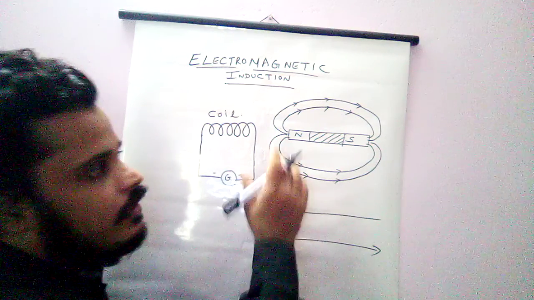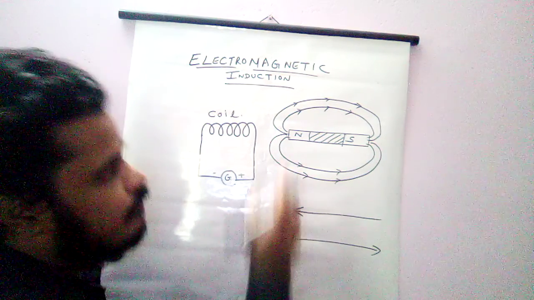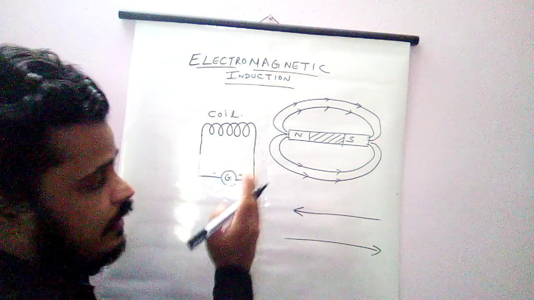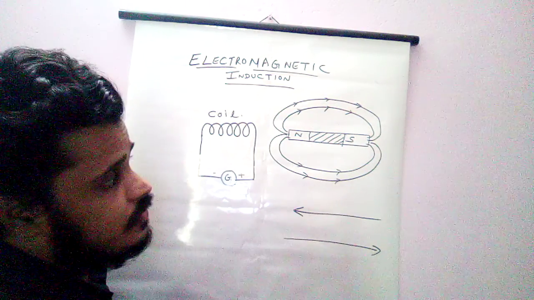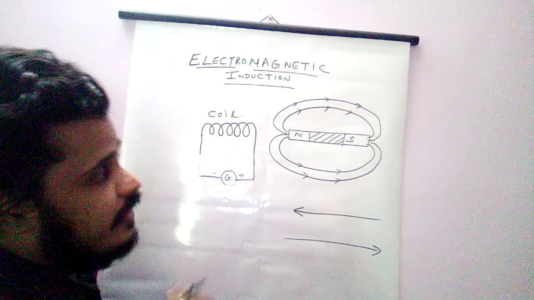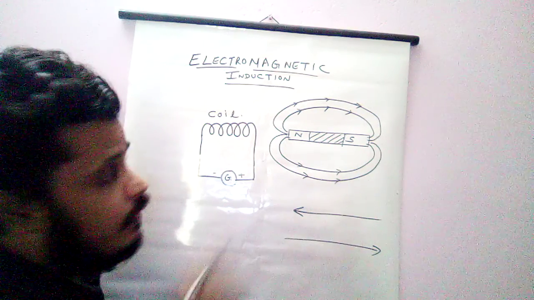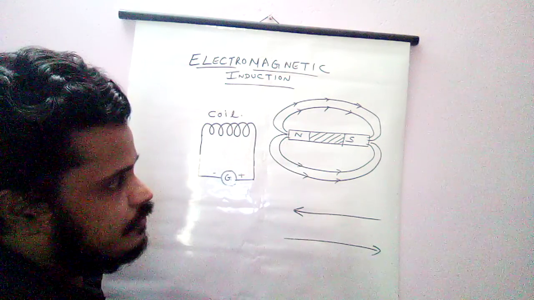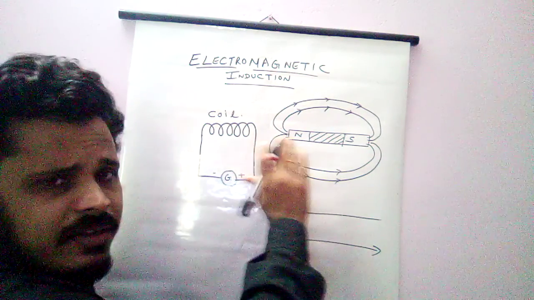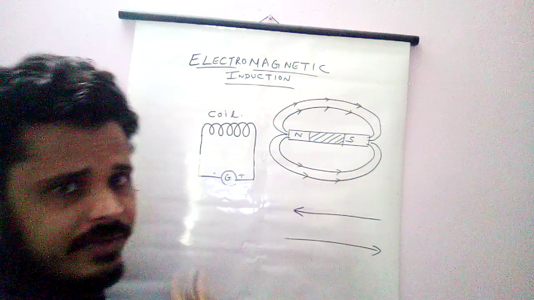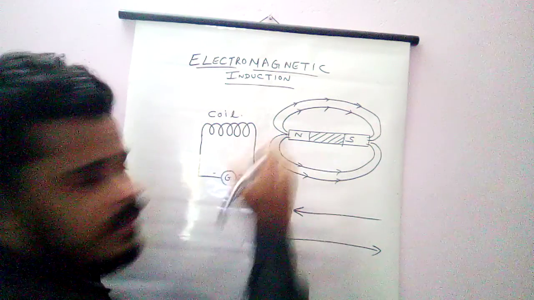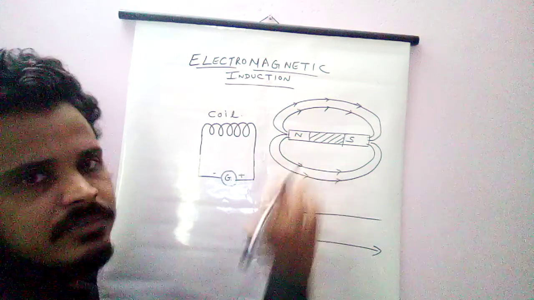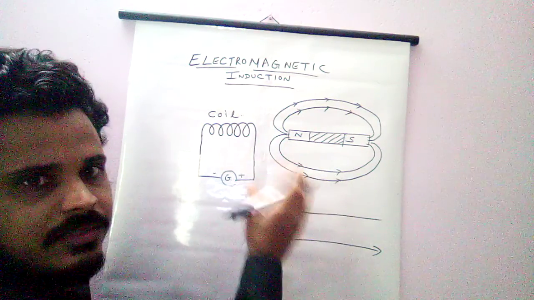In the second step, we move the bar magnet from left side to right side, and the magnetic field lines linked by the coil will be reduced. That is because the magnet is moving away from the coil. Initially it was coming close to the coil, now it is moving away. So naturally the field lines linked with the coil will be changing.